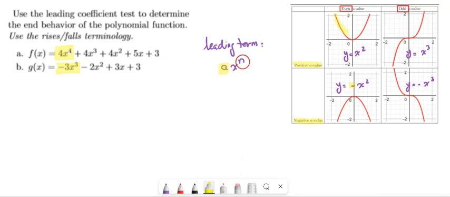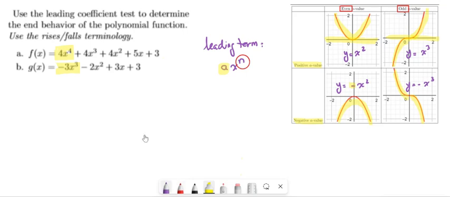You have to reflect the x squared across the x-axis and you will get this graph. And similarly, if you reflect this part here on the x-axis, you will get this part, and you reflect this one on the x-axis, you will get this one. So you understand how you generate minus x squared and minus x cubed from the parent functions x squared and x cubed.